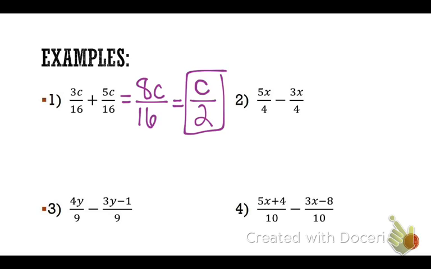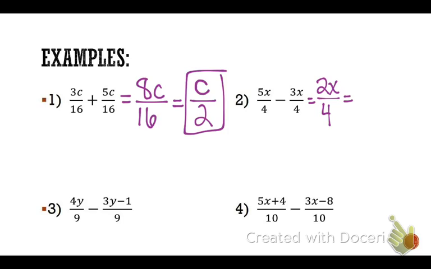Okay, number 2, what is my denominator? 4. In my numerator, what am I doing? Subtracting 5x minus 3x, which gives me 2x. And then 2x over 4. Okay, so let's do it one step at a time. 2x over 4. Can we reduce that?